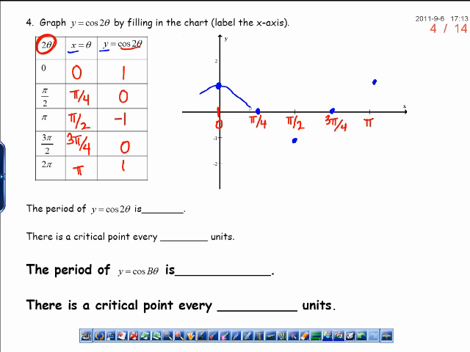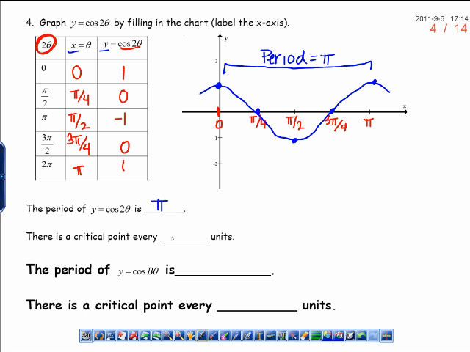When you're connecting these dots, it doesn't have to be perfect, but you want to make it look as much like a sine or cosine graph as you've seen. From high point to high point, this is one cycle. That is the period. So in this case, the period of y equals cosine 2 theta is pi.